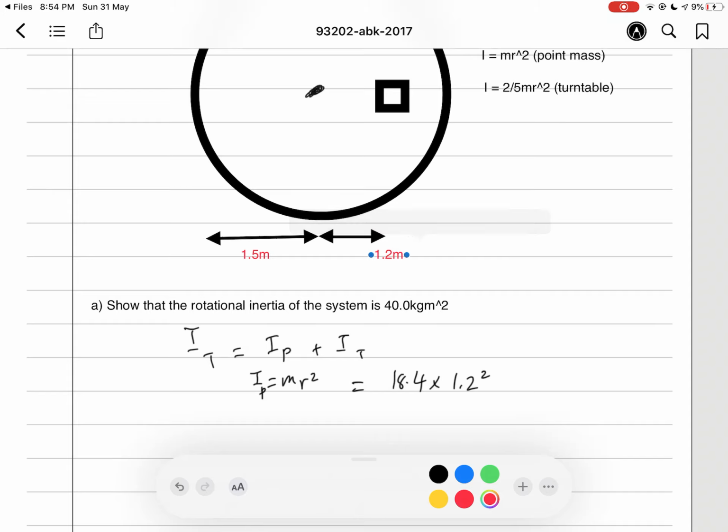That distance is 1.2 meters. So we should get 26.496 kilogram meters squared.